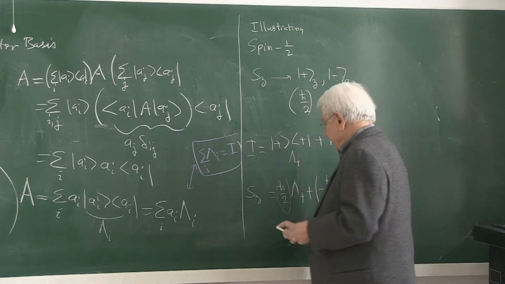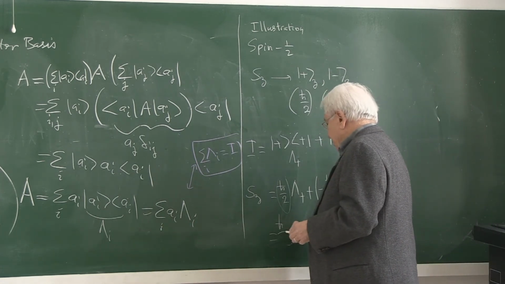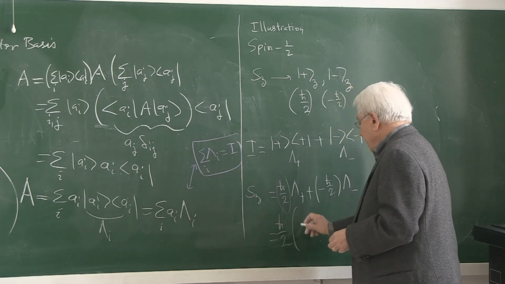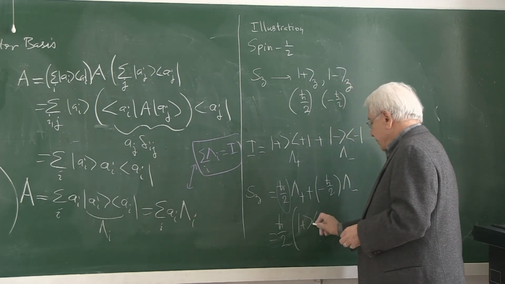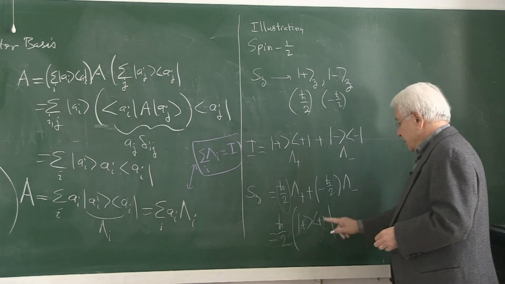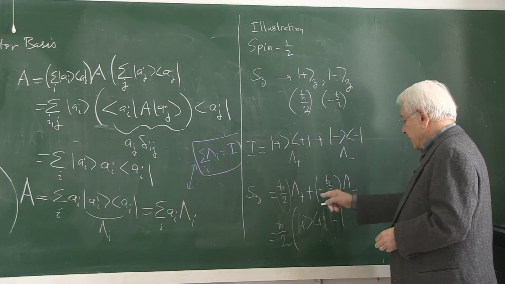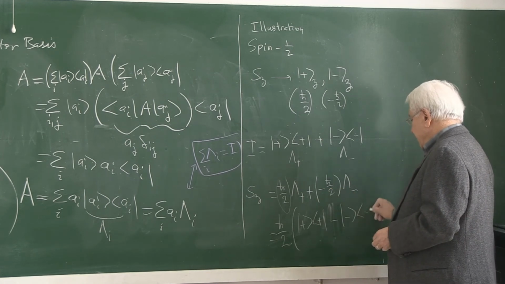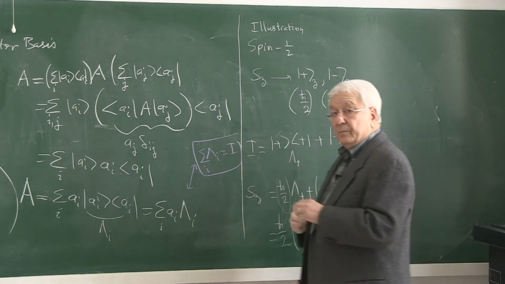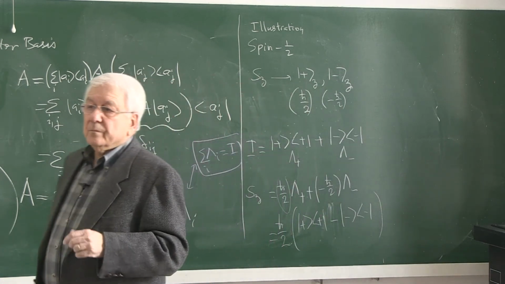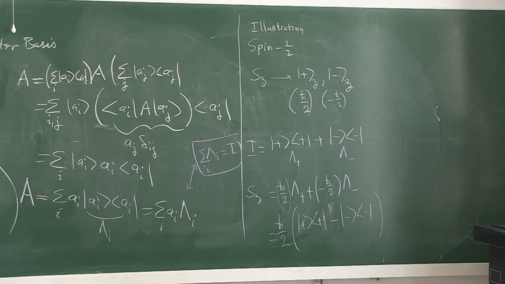So what is it? H bar over 2 times the plus projector minus the minus projector, because this is minus, minus. How nice, indeed.